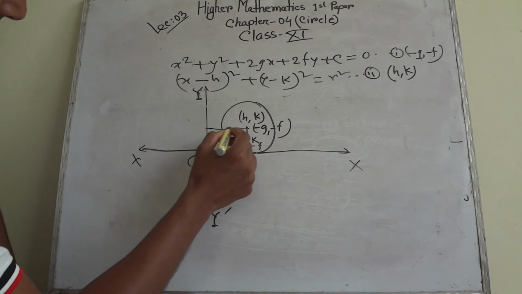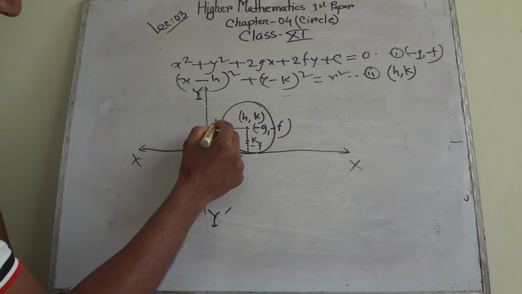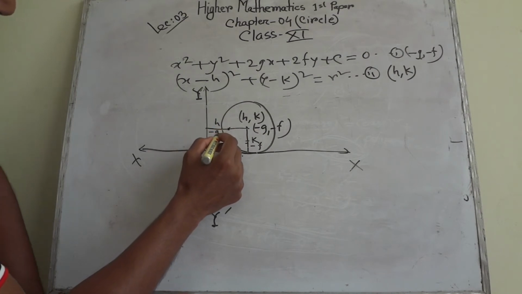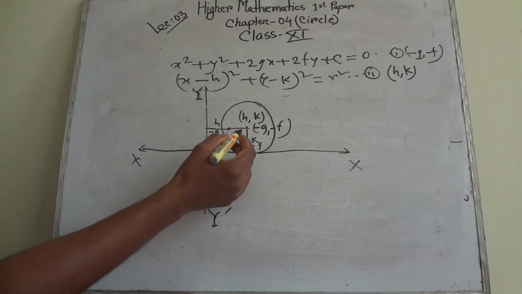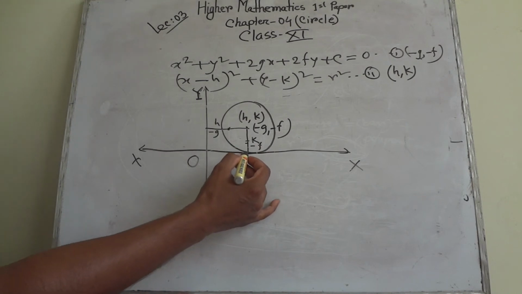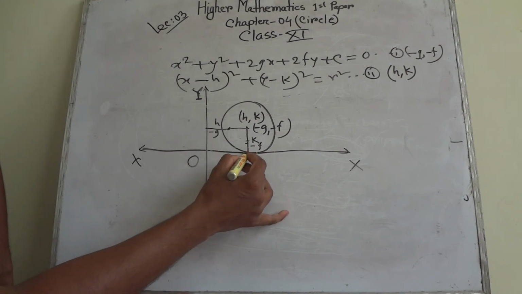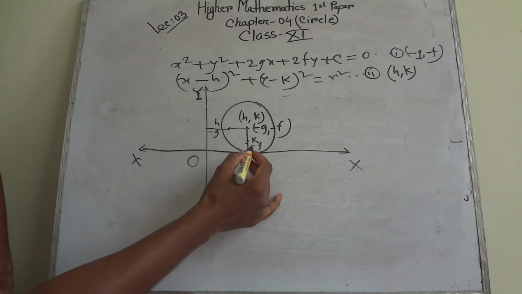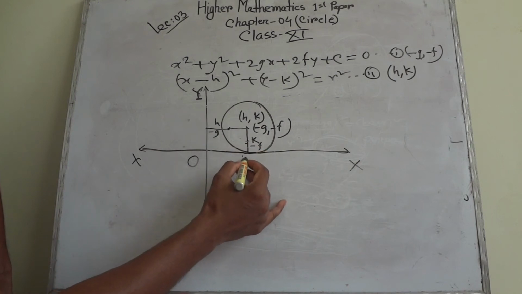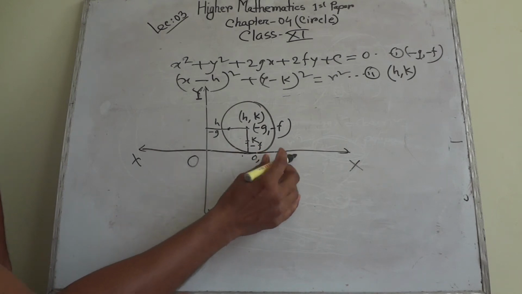From here to here this measurement will be h or minus g. If the circle touches the x-axis at this point, that means the touching point, that is a point of contact. So the point of contact will be ordinate 0.